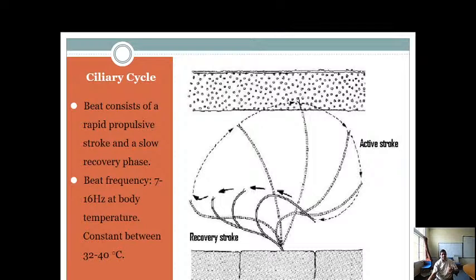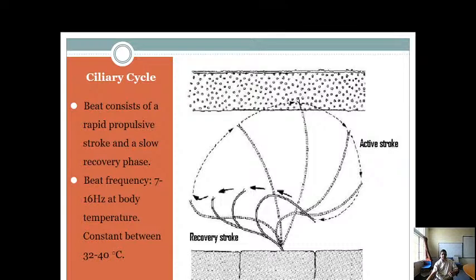In the nasal cavity, the mucociliary activity is from the front backwards. That means the mucus that is being produced anteriorly goes into the choana, and from there this mucus goes into the nasopharynx, from there into the oropharynx, and then from the oropharynx into the hypopharynx, and then you swallow.